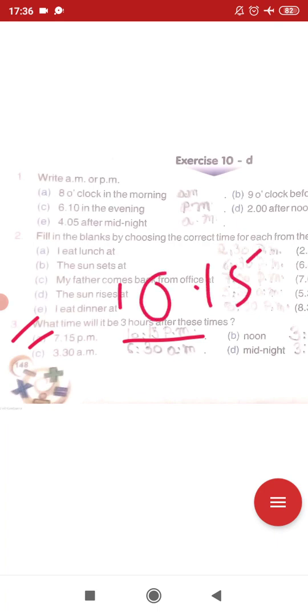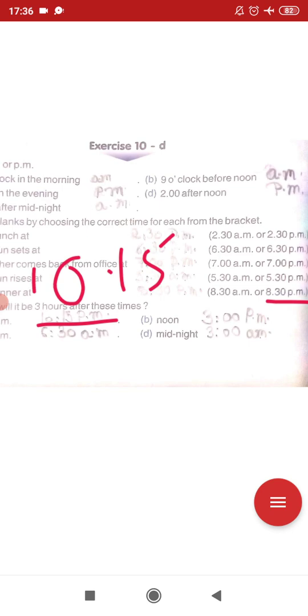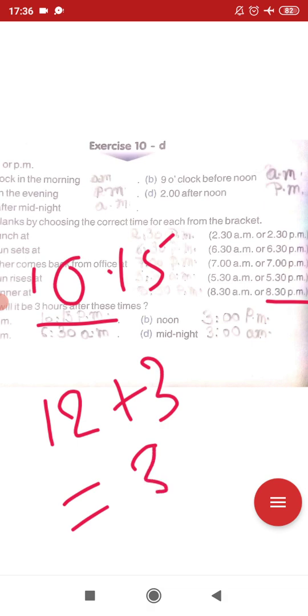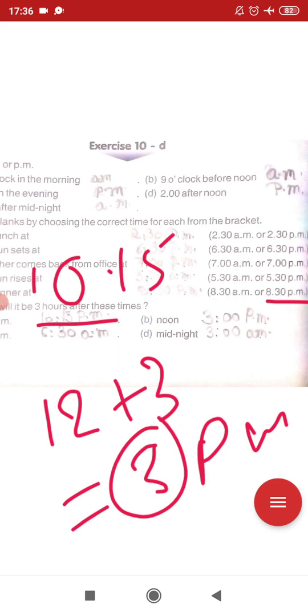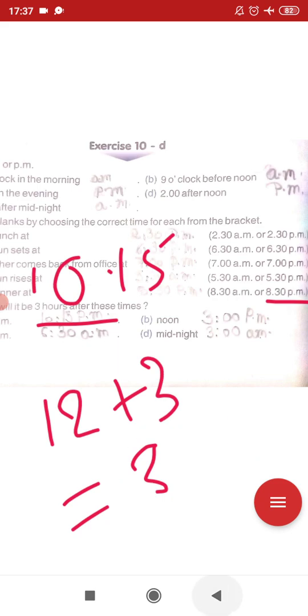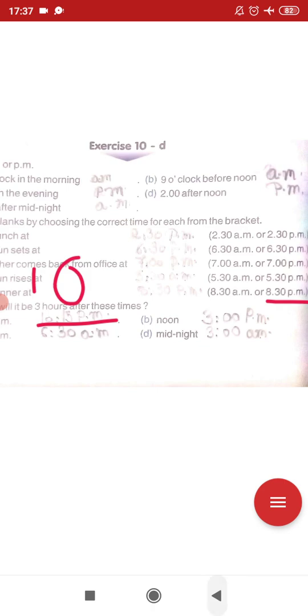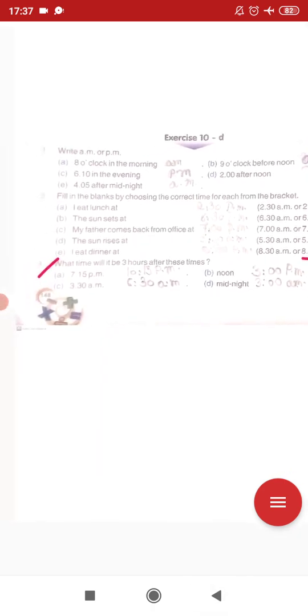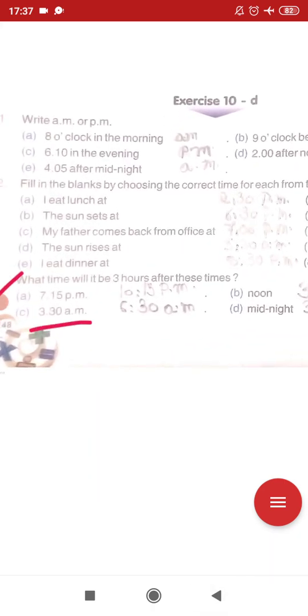Next, noon. Noon means the 12 p.m. So 12 plus 3 means 3 p.m. After 3 hours from noon 12, the time will be 3 p.m. Next, 3:30 a.m. That means the dawn.